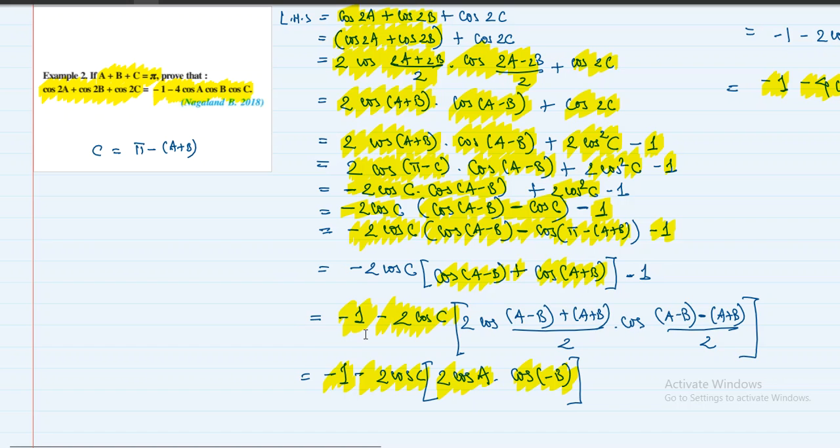Minus 1 is taken ahead as I told you earlier, and here we again use the CD formula, that is 2 cos (C plus D) by 2 cos (C minus D) by 2. On simplifying we get cos of 2a by 2, which is cos a, and here we get cos of minus 2b by 2, which is cos of minus b. Cos of minus theta is cos theta, so there is no issue.